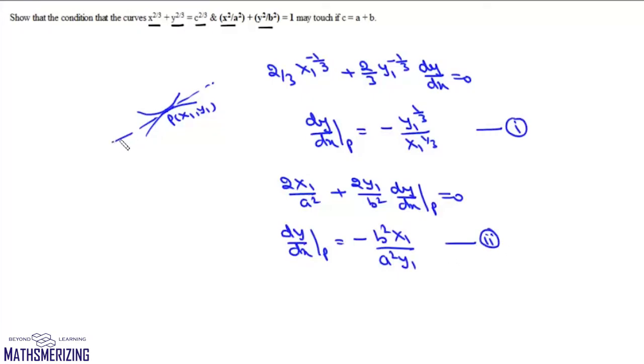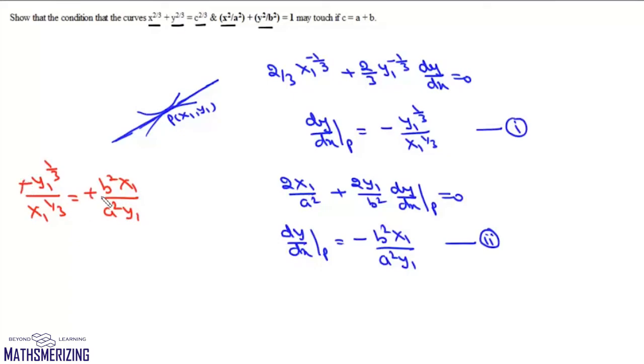Now since these two curves touch each other, they'll have a common tangent. So the slope of tangent must be the same. So if we equate them, we can write minus y1 to the power 1 by 3 upon x1 to the power 1 by 3 will be equal to minus b square x1 upon a square y1.